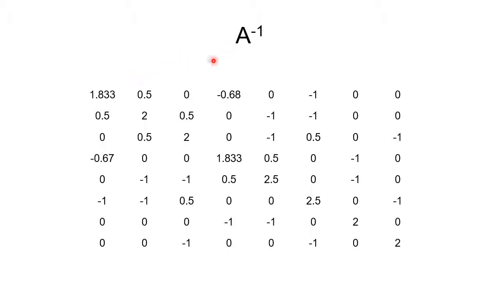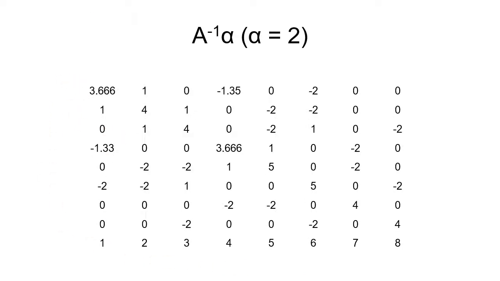Okay, so this is then the inverse of A, and we then need to multiply the inverse with alpha. Alpha is a scalar, so it's a simple way of multiplication. Each of the elements are then multiplied by alpha. In our case alpha was equal to 2, so each of these elements were multiplied by 2, and this will then give us A inverse alpha.